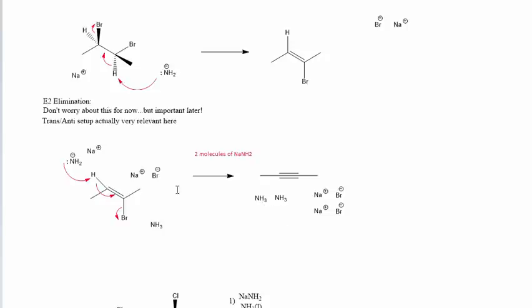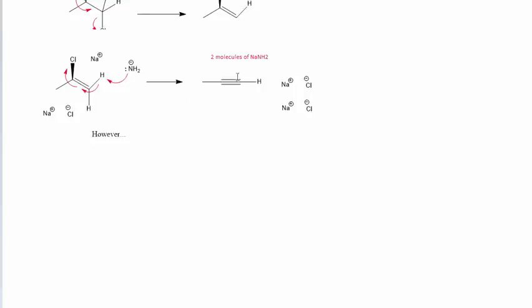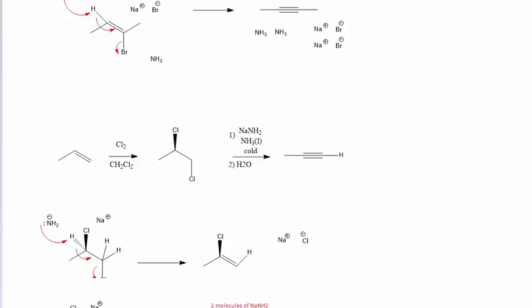Usually chemists will use 3 or 4 equivalents just to make sure the reaction goes all the way. But what happens if we use just 2 equivalents for this reaction here? The difference being we've formed a terminal alkyne, which means there's an H bonded to the alkyne, versus an internal alkyne, which looks like this, where the triple bond is surrounded on both sides by other carbons.